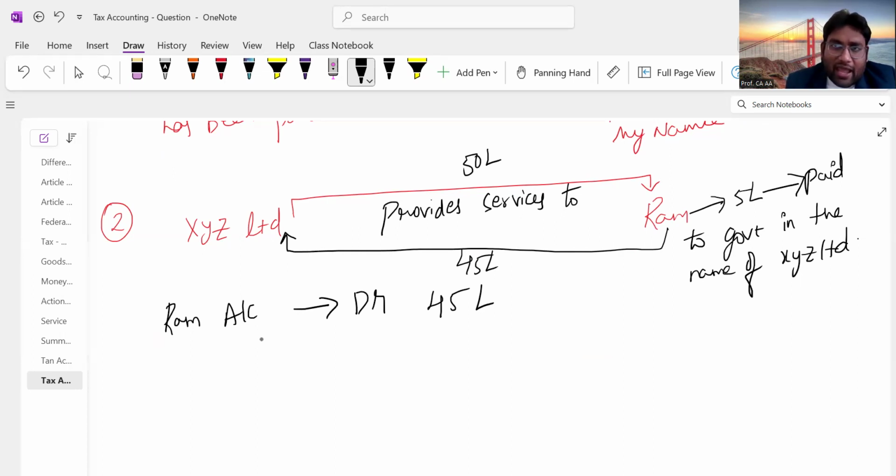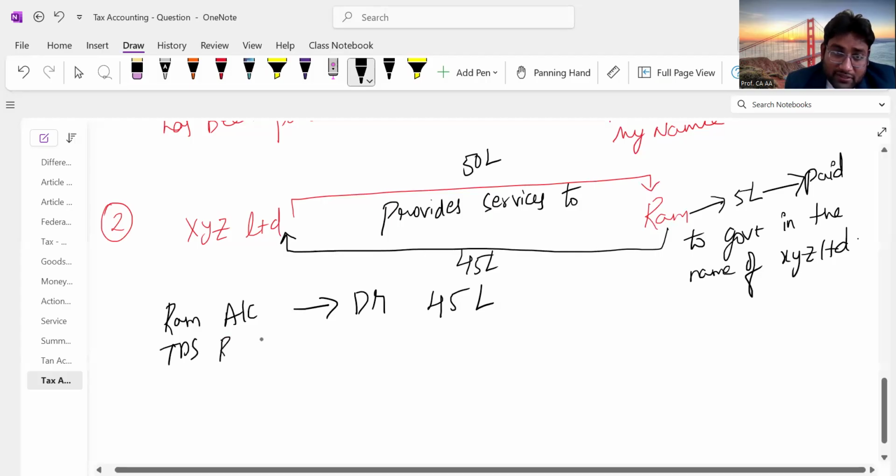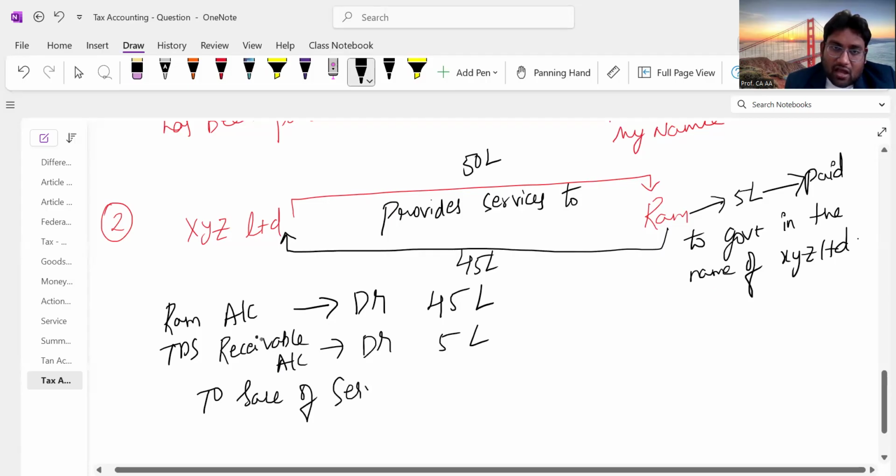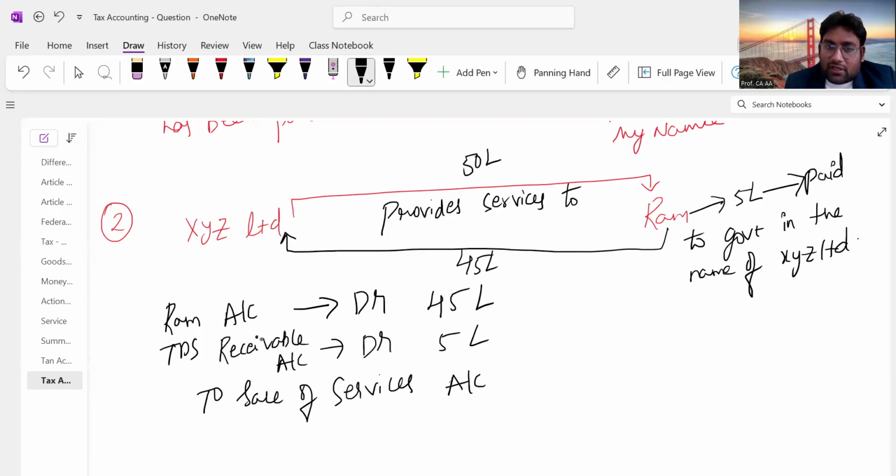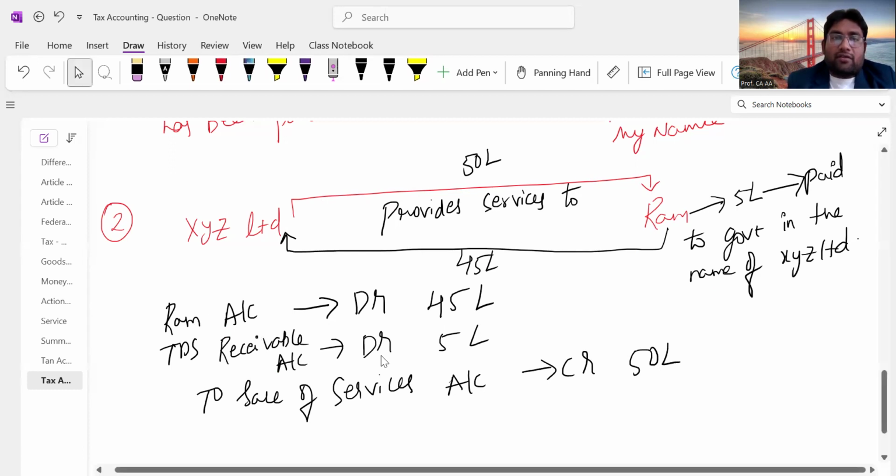Ram account debit 45 lakhs. Then TDS receivable account, that is my money now, debit 5 lakhs, to sale of services or professional services account credit 50 lakhs. Clear?